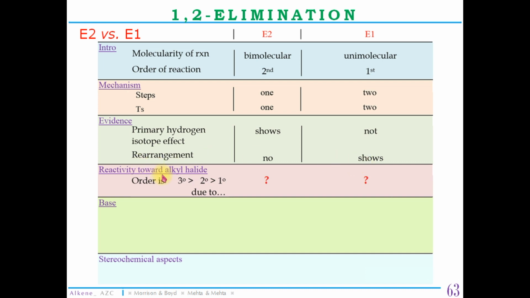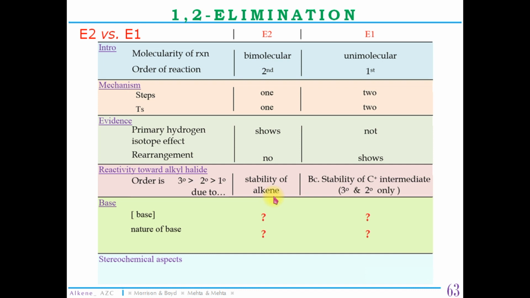Order of reactivity toward alkyl halides: it is tertiary, secondary and primary in both mechanisms. In E2 it is because of the stability of the alkene product, while in E1 it is because of the stability of the carbocation intermediate.